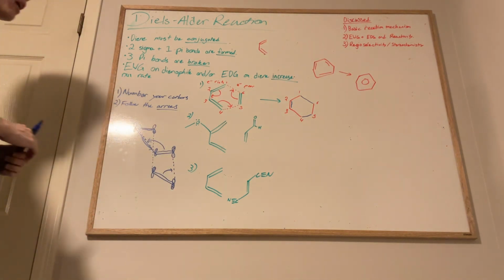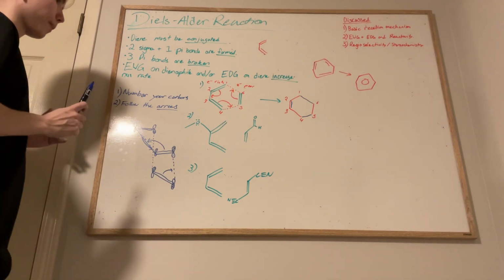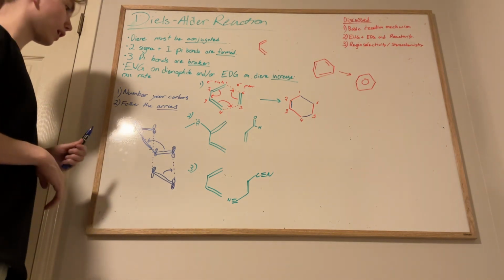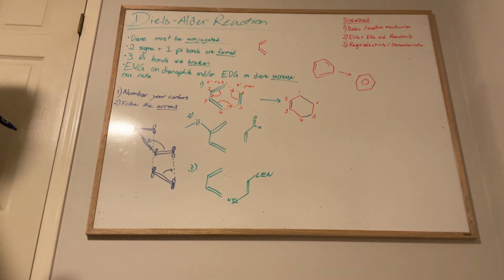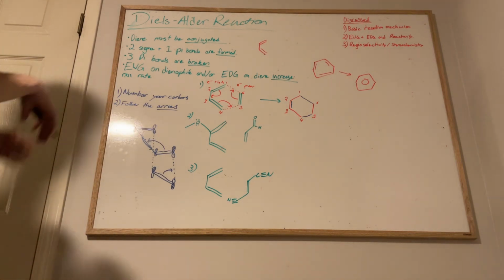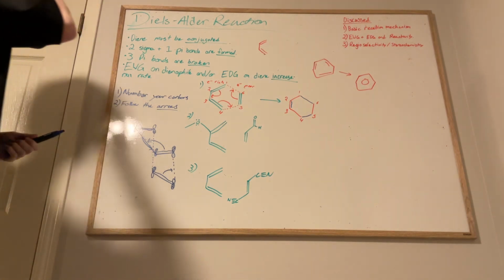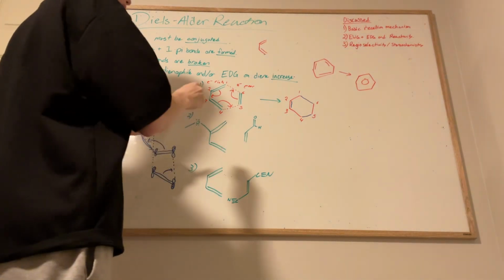And so this becomes important when we're thinking about ideas like stereoselectivity of a reaction. Is the product going to be cis? Is it going to be trans? And that will be more important as the reactions get more complicated. But first, let's look at this example here, and let's talk about regioselectivity.